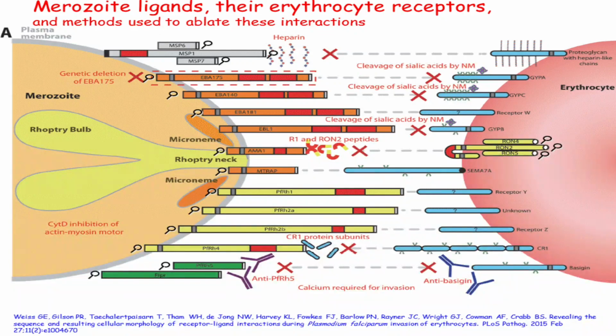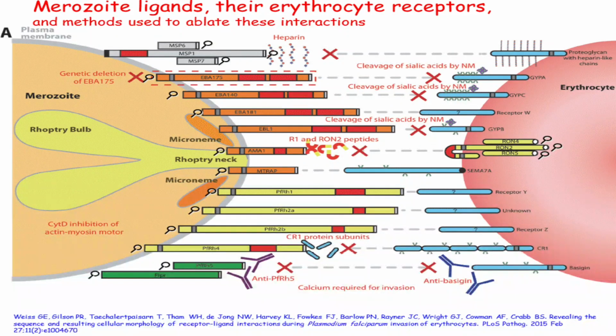There are many EBAs: 175, 140, and 181, and also apical membrane antigen 1, which is also produced by the micronemes, and there are others which are not that significantly important.